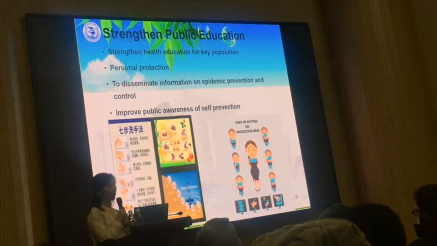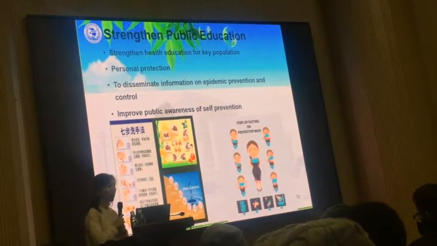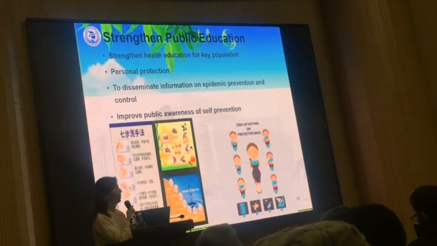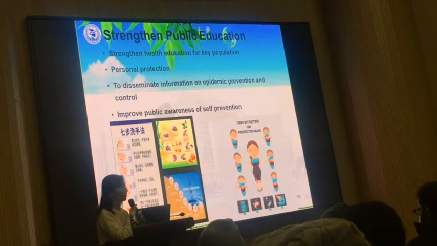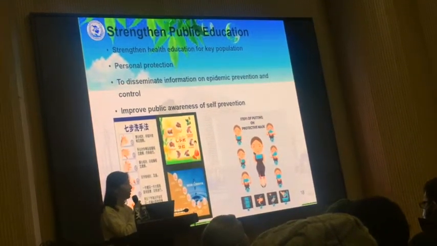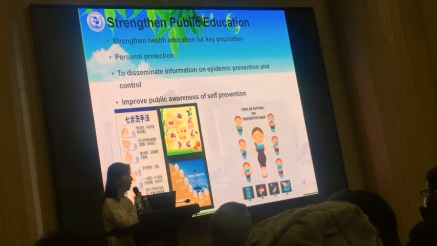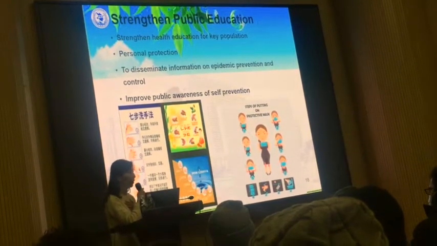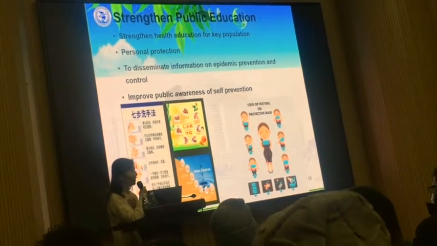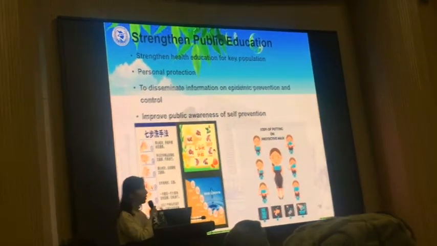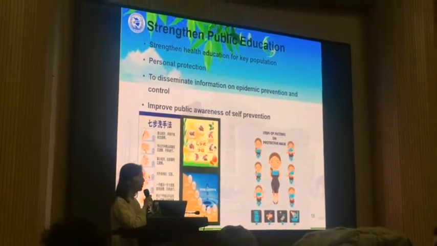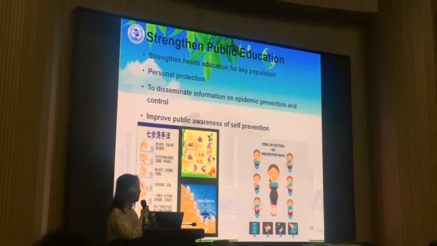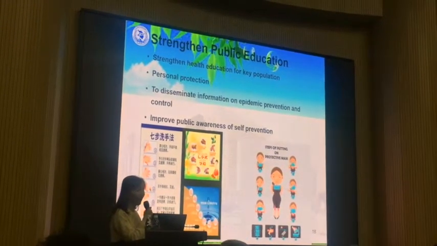And also we strengthen public education. I think in the period of our control of coronavirus disease, I felt that the people's scale is the most effective public education.